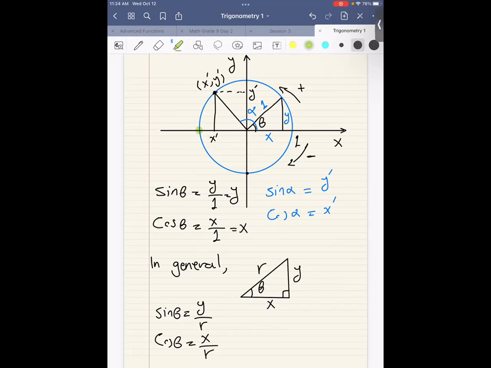Now, once you know the negative angles, one important property of cosine is that cosine of negative theta is equal to cosine of theta. Because if you have negative theta, that means you have this triangle. So imagine this is negative theta.